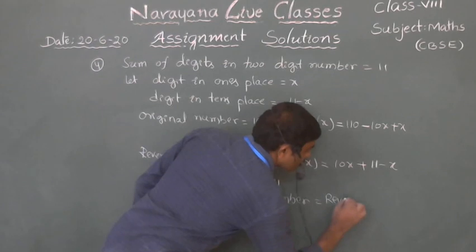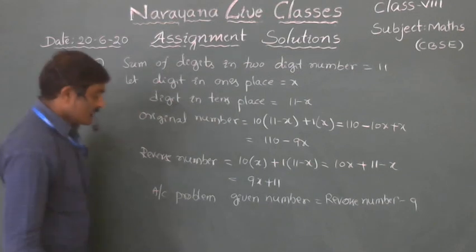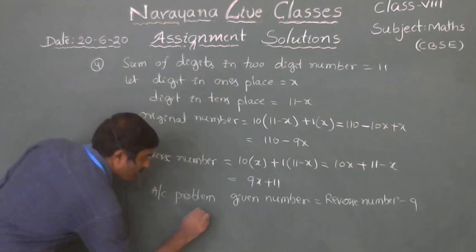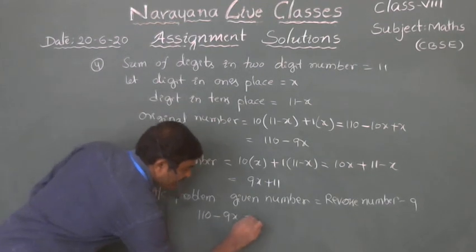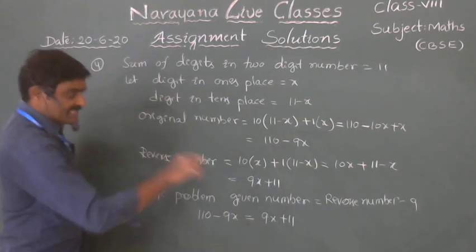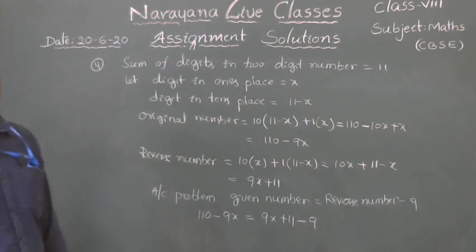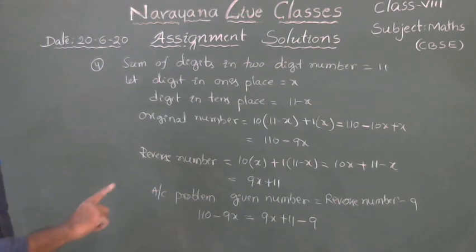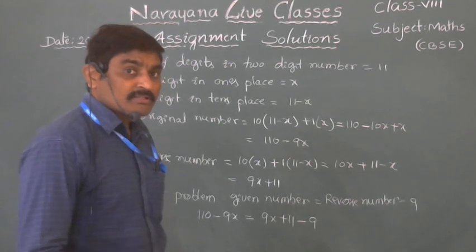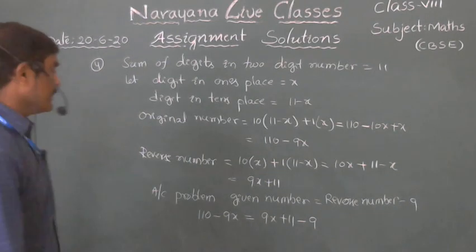So the given number, the original number, is 110 minus 9x, which equals the reverse number 9x plus 11, minus 9. Nine less than means minus 9. This is the equation. This is a linear equation in one variable having the variable on both sides. Let us solve it.